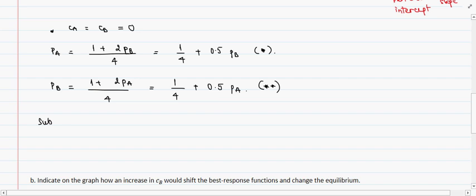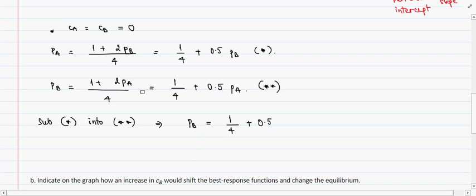So if I substitute the first star equation into the second, the double star equation, I'm going to get PB equal to 1 on 4 plus 0.5 PA.